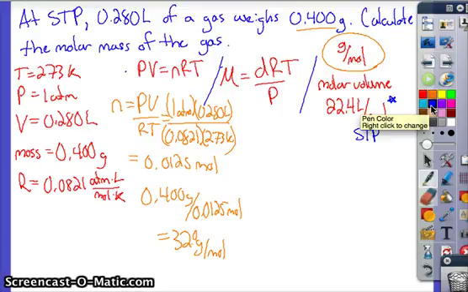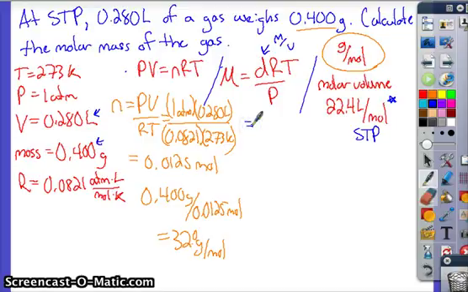Well, you could also use the molecular mass equation because you're given enough information to determine density. Remember, density is mass per volume. You have a mass and you have a volume. So again, you can fill everything in.